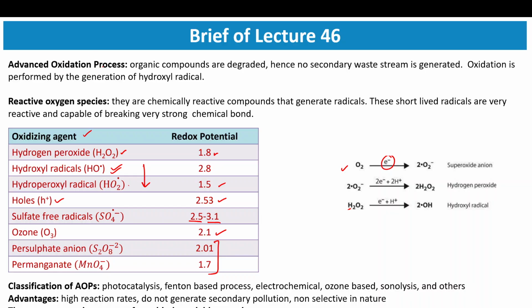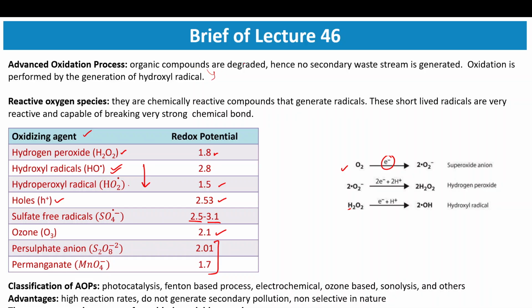The organic compounds which are not degraded in the biological treatment process are generally non-biodegradable compounds, and in that case we use advanced oxidation processes to degrade those, because since they are non-biodegradable, you need some strong oxidizing agents that can help in degradation of those organics.